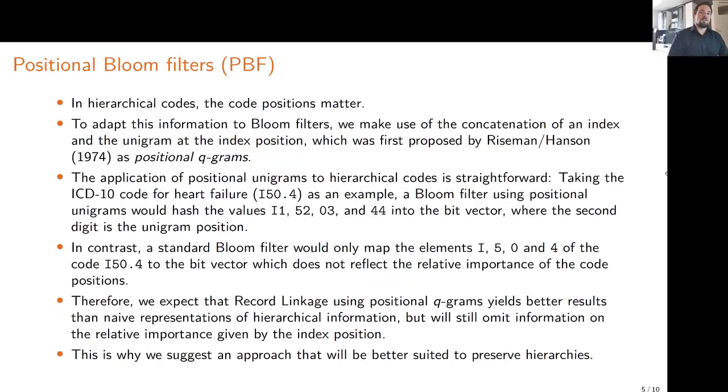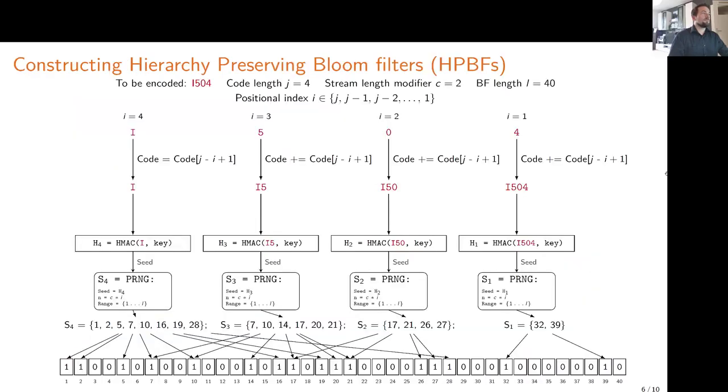This way you would get 2 zeros because they are 2 different bit positions. So we expect this to perform better relative to a naive approach because we are going to preserve some information that is positional. But we are going to propose the hierarchy-preserving Bloom filters for this.